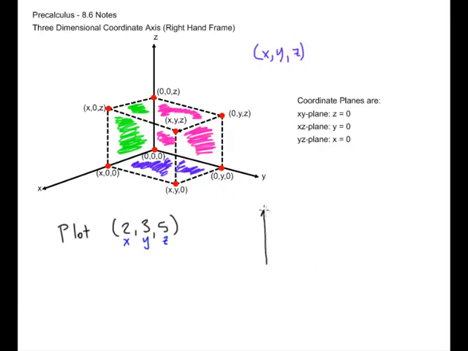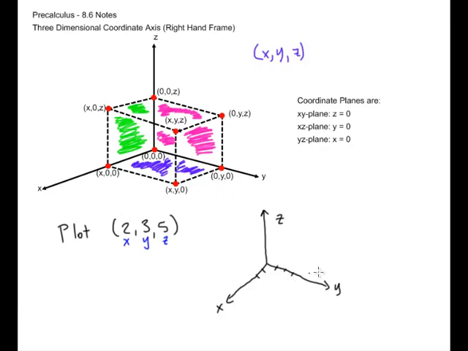Here's the positive z, straight up. Positive x is going to run diagonally to the left. So here's x. And positive y is going to run diagonally to the right. So this is the positive y. And if I need to find the point (2, 3, 5), I need to find the point 2, which is going to be on the x-axis, and the point 3, which is on the y-axis.